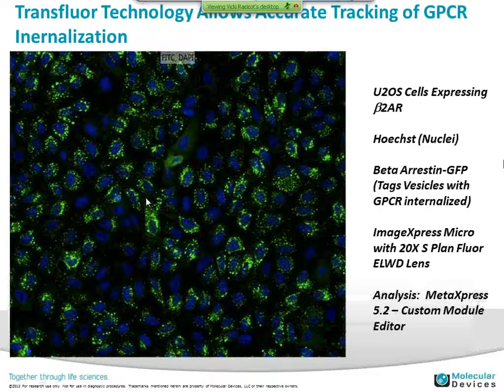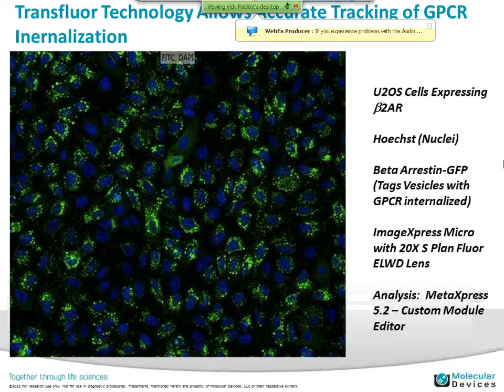This particular sample has been treated with a dose of ligand that causes the receptor to internalize in these green pits that we see here in the GFP, and we've counterstained the cells with Hoechst to visualize the nuclei. This image set was generated on a MetaXpress micro with a 20x lens, and the analysis that I'm about to show you was generated in MetaXpress version 5.2 with our custom module editor.